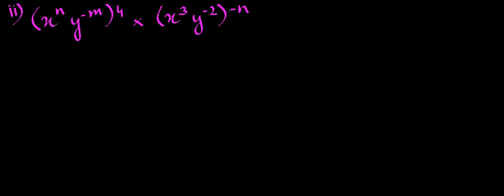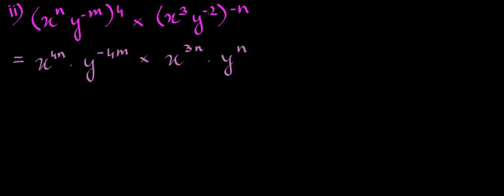Let's see how we go about this. That's equal to, multiply this 4 with each of the inside terms. We will have x raised to 4n into y raised to minus 4m into x raised to 3n into y raised to n, because this minus 2 multiplied by minus n will give me only 2n.